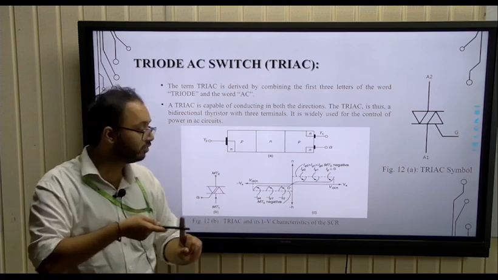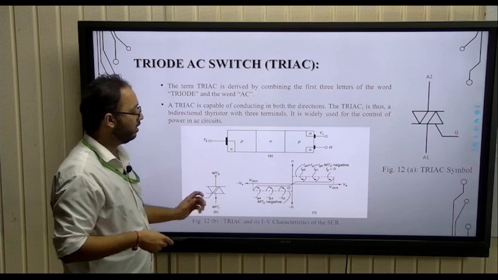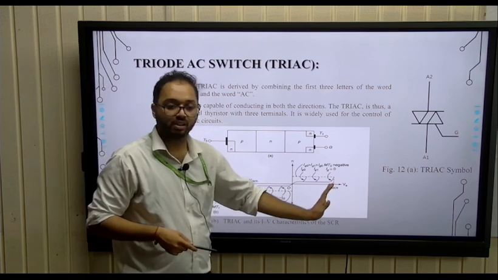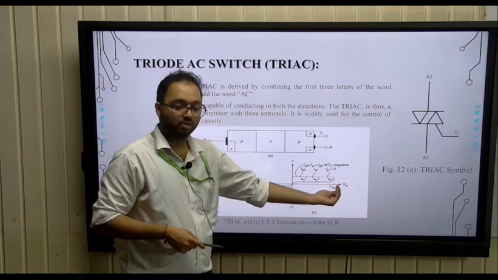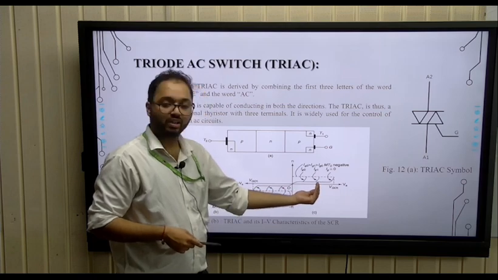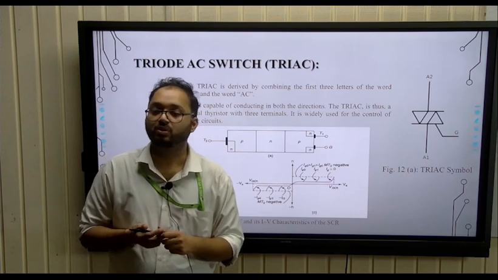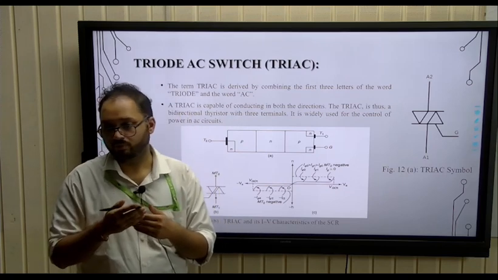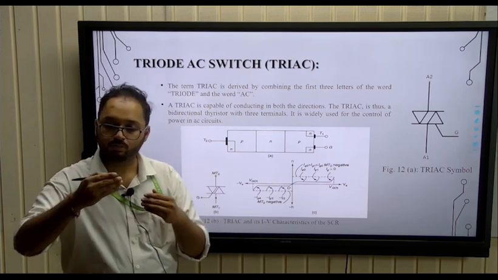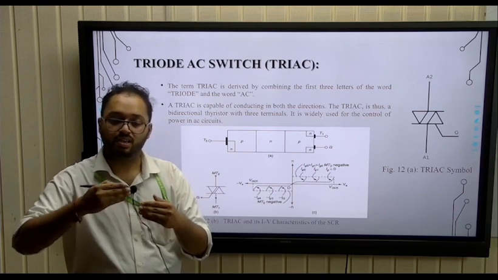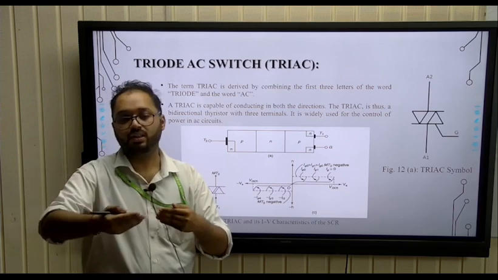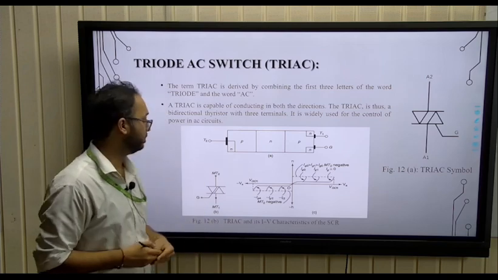If I am turning it on a bit later, then the output that is reaching it will become lower. How it becomes low and how it becomes high is a very good question, and it will come in the next chapter that we will study.